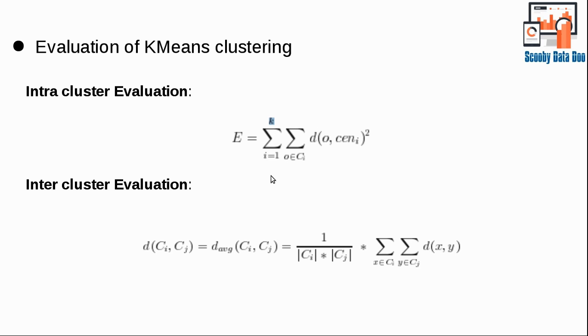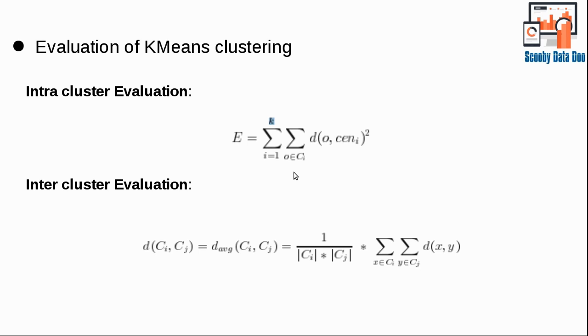Up to this part we were talking about one specific cluster, and when we correlate this second summation with the formula, this indicates all the clusters generated by my clustering algorithm. So this is what I said earlier for intracluster distance: we perform this basic thing for one cluster, then we perform the same thing over all the clusters and we sum them up.